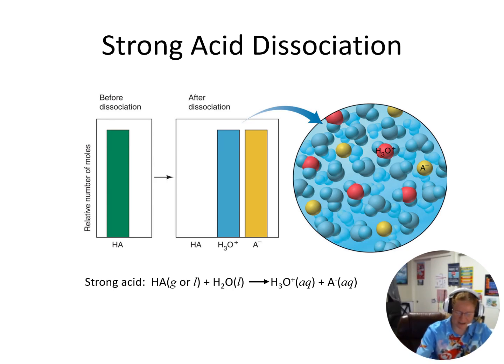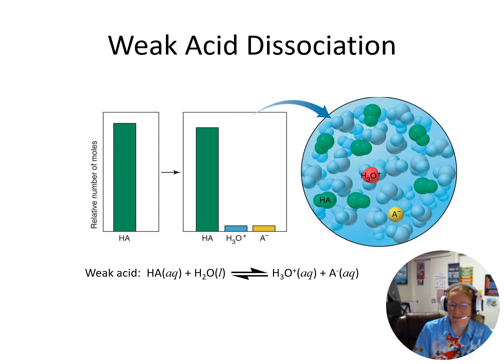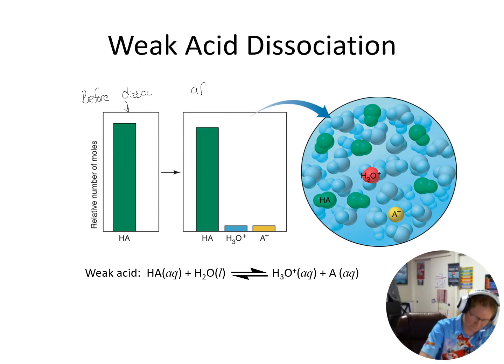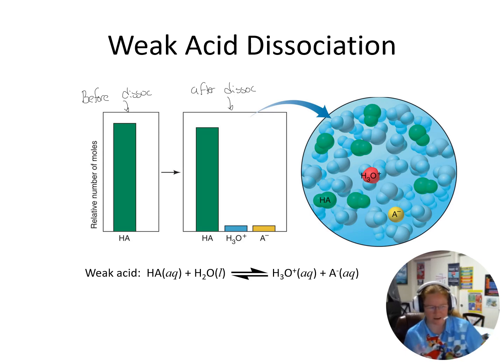Okay, but in contrast, with a weak acid, before dissociation, I have my acid, but after dissociation, so this was before dissociation right here, okay? After dissociation, you can see a few ions formed, but not very many. Okay, and so we get not a whole lot of mobile charge there.